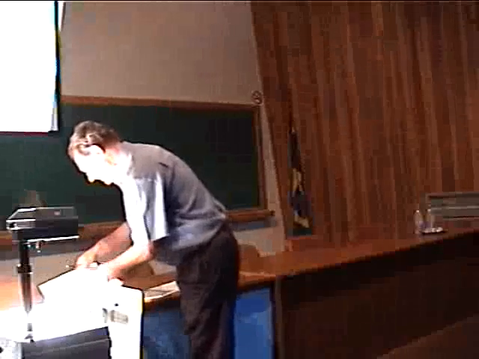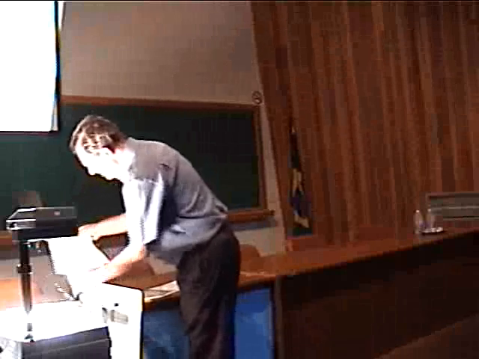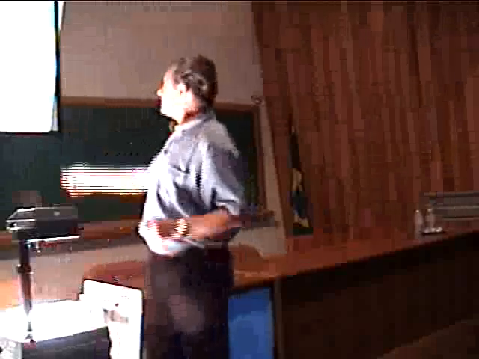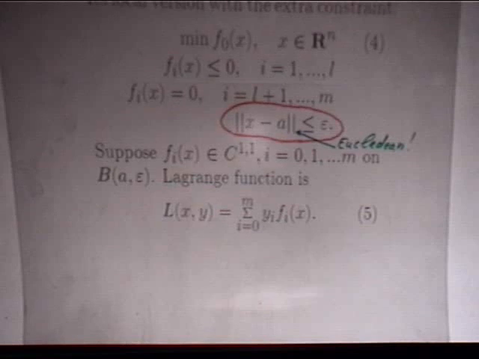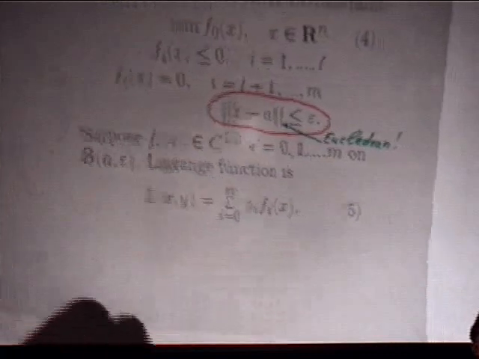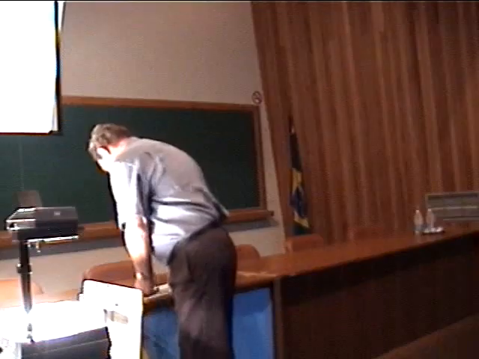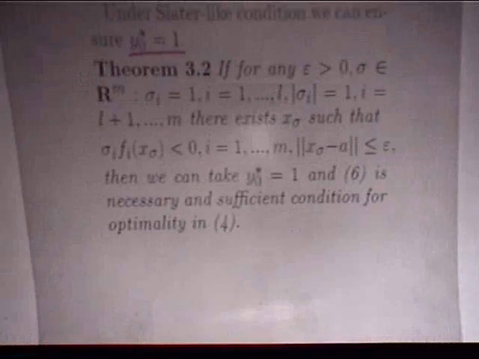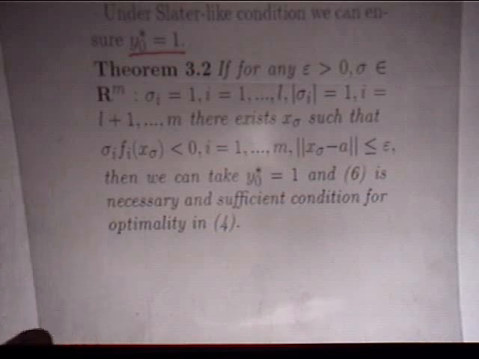Probably you had no time to see that actually the Lagrange function here includes all our functions, constraints and objective functions, in a similar way, but the standard Lagrange function is slightly different. It is when we take y0 equal to 1.